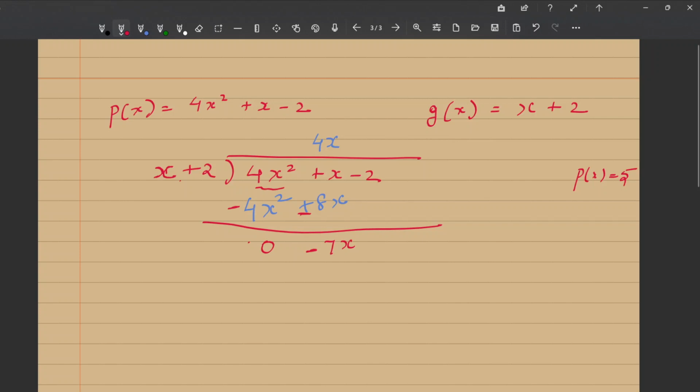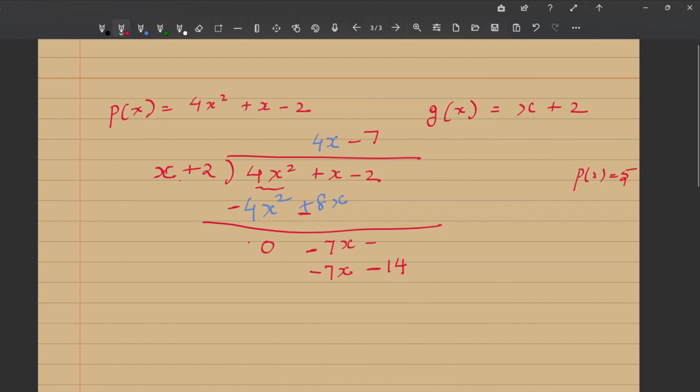Now, let us consider minus 7x. What will I multiply x with to get minus 7x? Obviously, it's minus 7. Minus 7 into x, minus 7x. Minus 7 into 2 would give me minus 14, right?